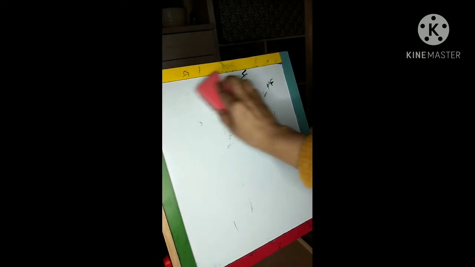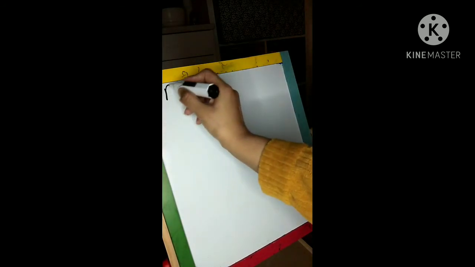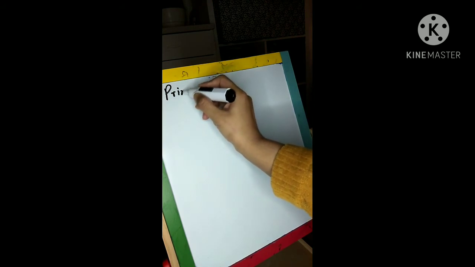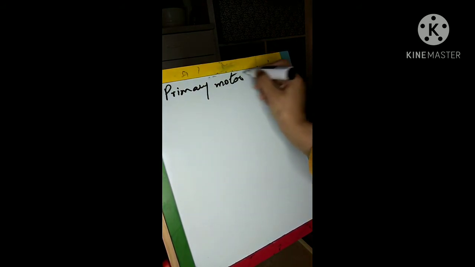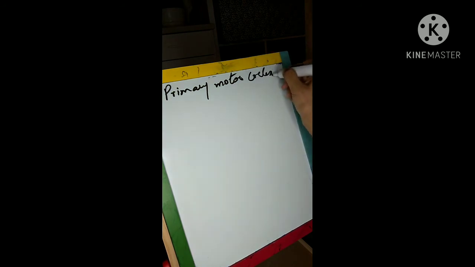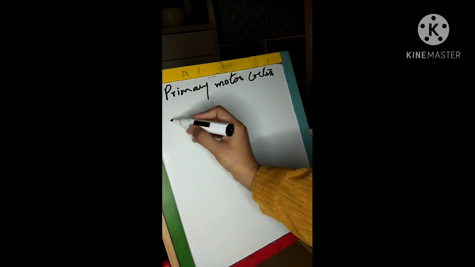Okay, next I will tell you about primary motor cortex. Primary motor cortex with Brodmann area 4 is basically involved in voluntary movement. For example, we want to move our limbs, then primary motor cortex will send the command that okay, move, we have to move the limb.